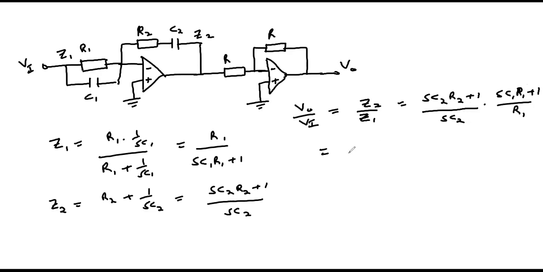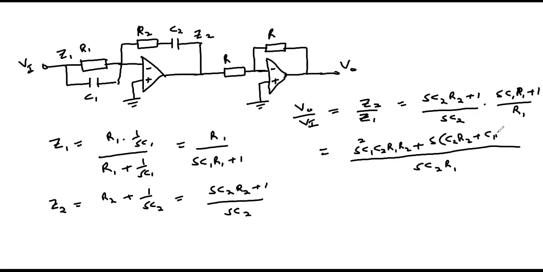which we can write as, taking the common LCM of SC2 R1, S squared C1 C2 R1 R2 plus S into C2 R2 plus C1 R1 plus 1. We can break this down into 3 parts. We start with the term that has S into C2 R2 plus C1 R1 over SC2 R1.